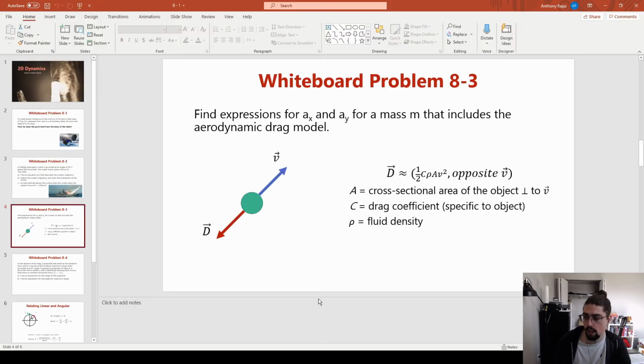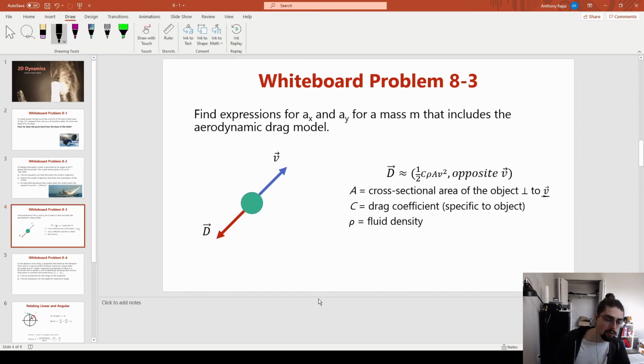Let's take a look at this thing again to say, okay, find expressions for a of x and a of y for a mass that includes the aerodynamic drag model. Okay, so let's say that we do know something about the actual velocity vector. But there's a couple different ways that we might consider writing out this expression. I know I have given you kind of just a bunch of random things to work with.